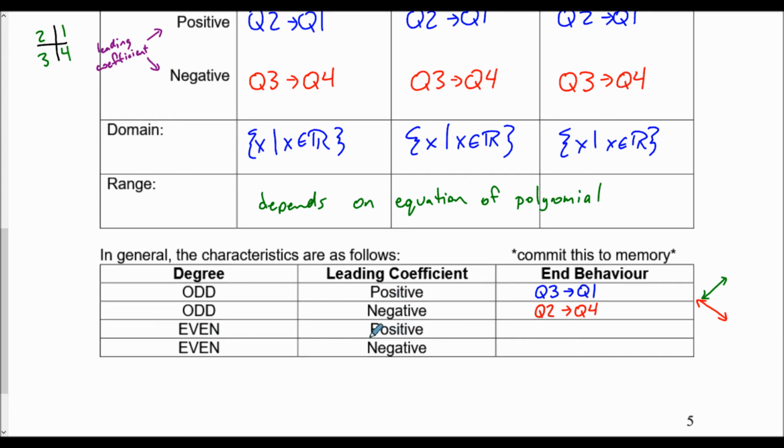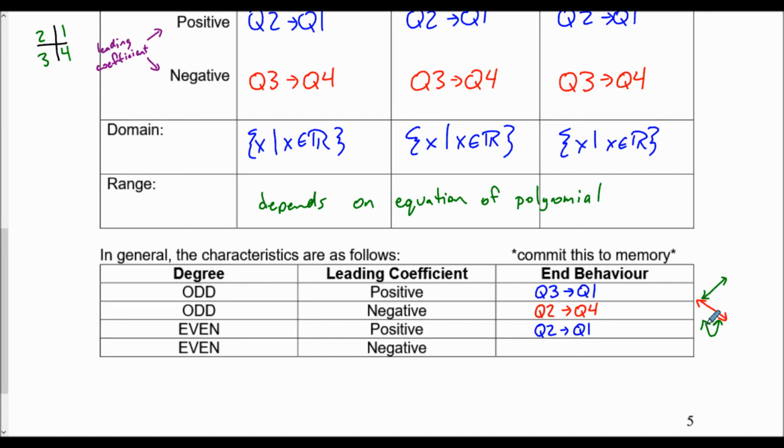If you have an even positive, the way that I always like dealing with even positives is I think of parabolas. I know that some people may think of constant terms, because if you have a positive constant, you're above the x-axis, which means you're going from quadrant 2 to quadrant 1.